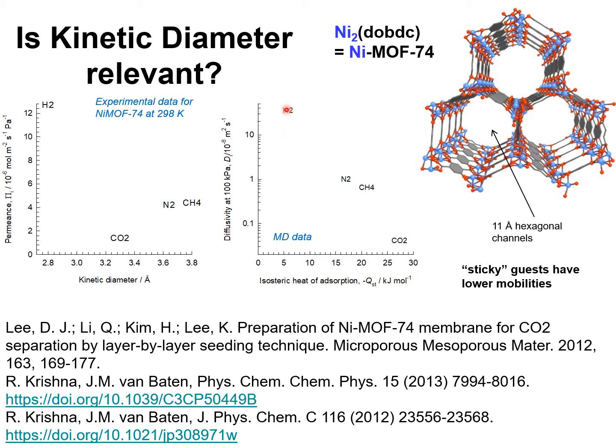We note that the diffusivities correlate very nicely with the binding strengths. In other words, the stronger the binding, the lower is the mobility. Put more simply, sticky gases have lower mobility. This is going to be a recurring theme in the slides that follow.